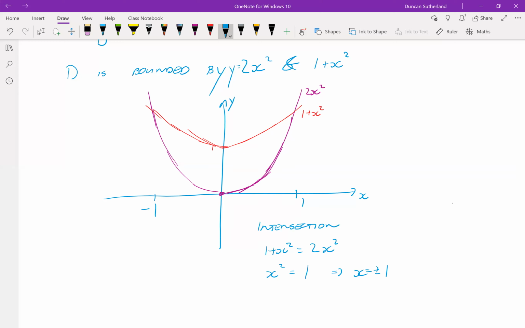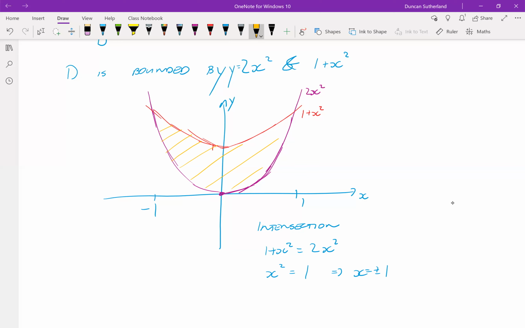And now we can comfortably shade in our region of integration. So it's this sort of big grin shape, I guess.